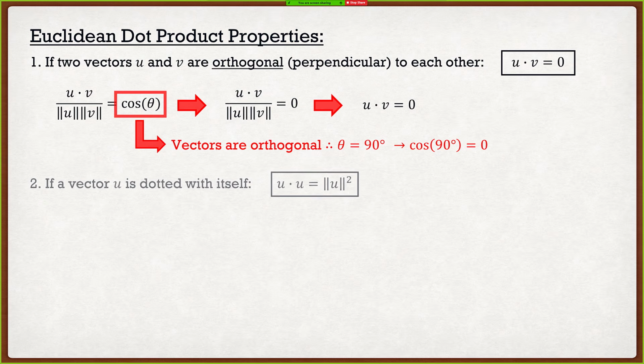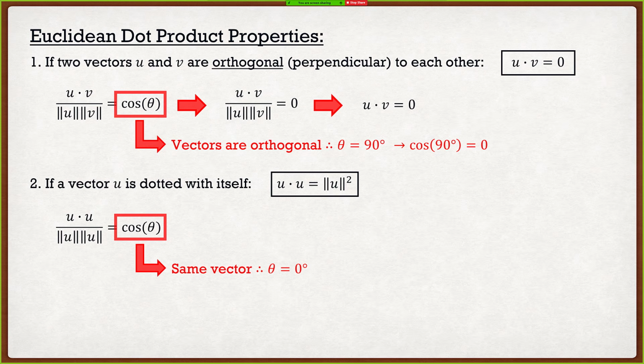Now, a second property that we're also going to have to deal with is a vector dotted with itself. This is very important when we talk about proofs for the strain tensor. A vector dotted with itself, u dot u, is equal to the magnitude of u squared. And again, this is very easy to see. We go back to our formula here. We look at that cosine of theta and we say, if it's the same vector, the angle between them is going to be 0 degrees.